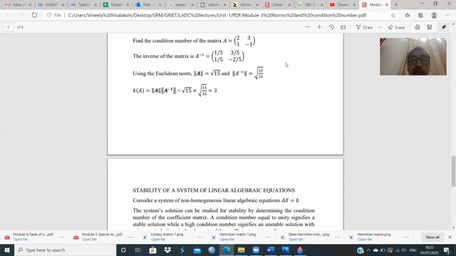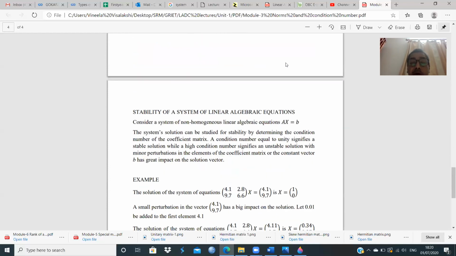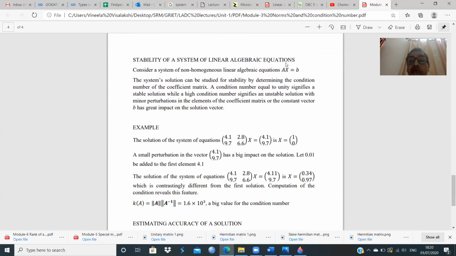So the condition number yields 3. Now, just to give you an essence of how this is used in the analysis of a system of equations, suppose we have a system of non-homogeneous equations Ax equal to B. Then, by finding the condition number of A, we can make a statement about how stable the solutions of this system will be.